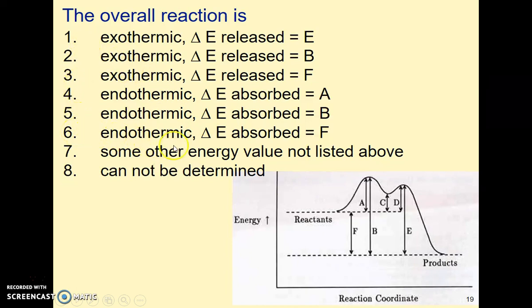Now, the energy released, or the energy absorbed, is the distance between the reactants and the products, which on this line is indicated by line F. So this reaction is exothermic, because energy is released, the reactants have more energy than the products, and the distance to calculate H would be from reactants to products, which is given by F.